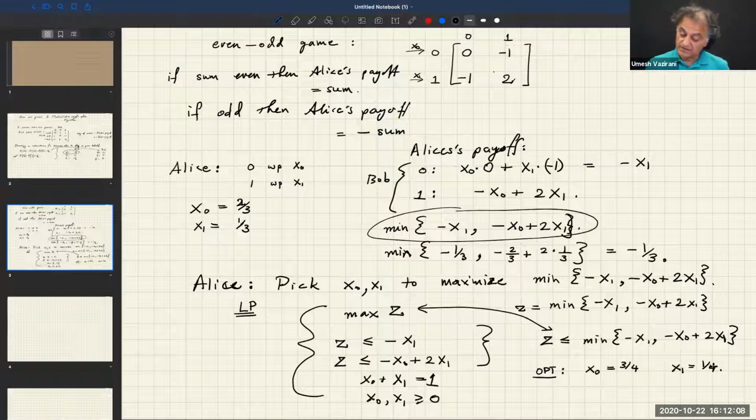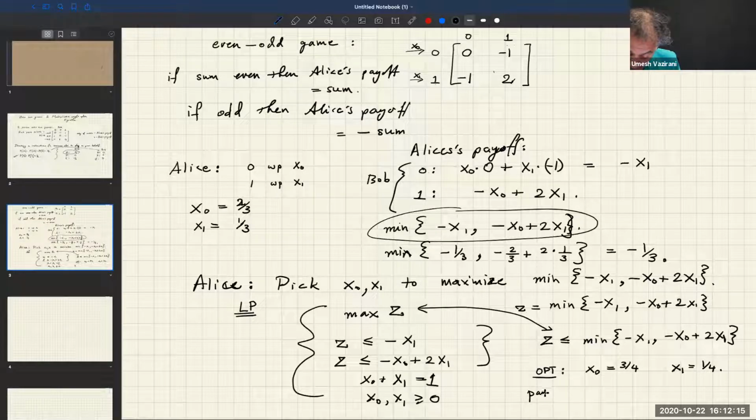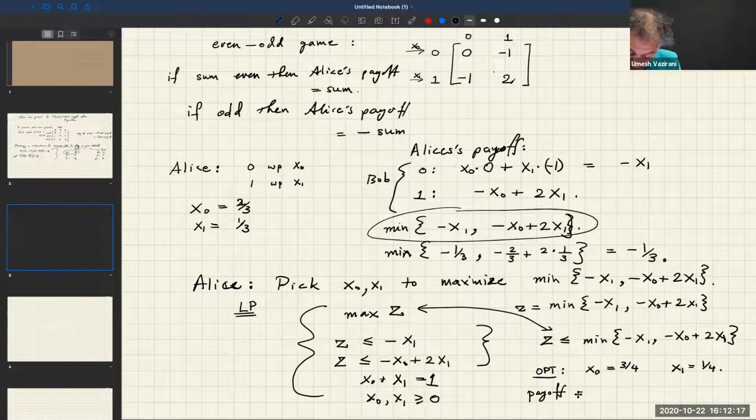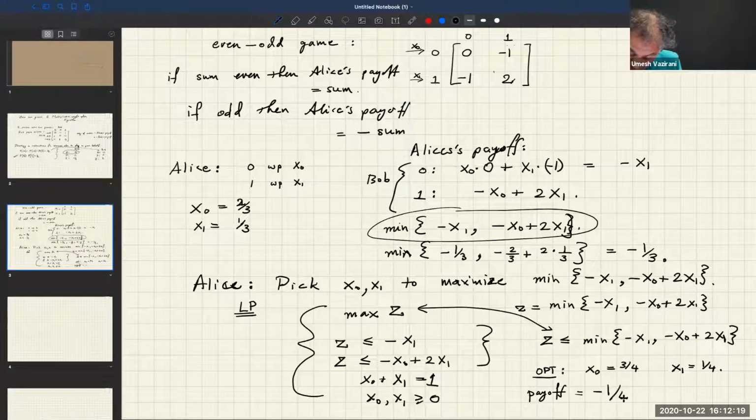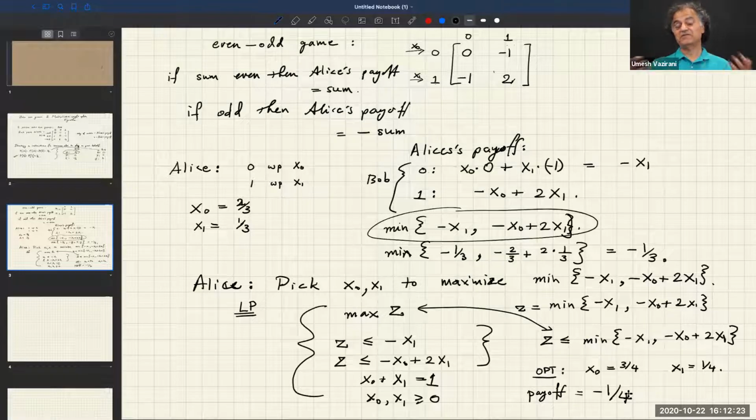And in this case, the payoff is minus 1/4, meaning the best thing Alice can do if she announces a strategy is lose 1/4. Okay, so that's her expected loss every time she plays. Okay, so let me stop here to see if there's a question.